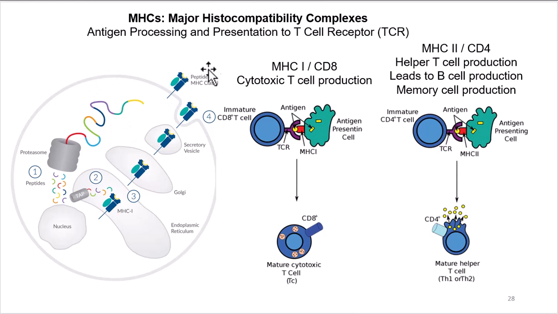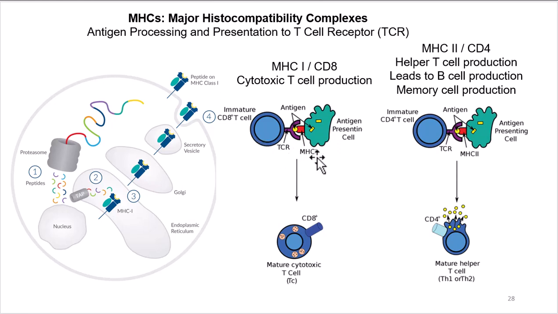So this is one way. Well, actually, this is wrong. This is an antigen presenting cell. So a T cell is going to come, see this peptide, and it will then become the effector cell. The T cell, if it's a cytotoxic T cell, will then be able to do the killing. So this whole cell here is actually the antigen presenting cell. And then the T cell receptor is on a T cell.